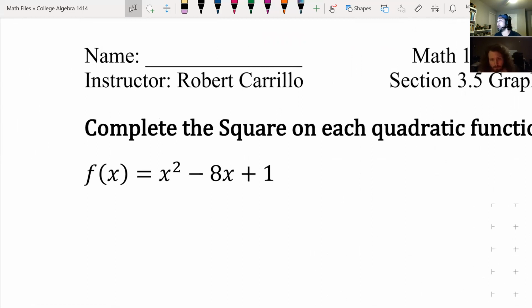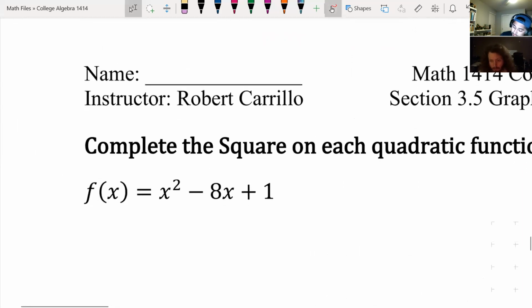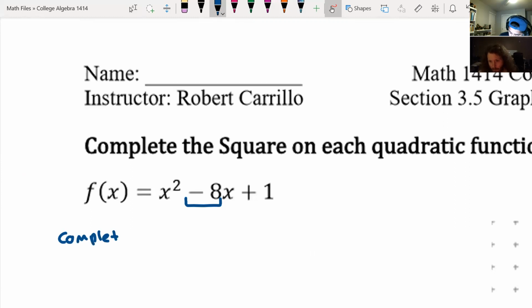Okay. So remember, if we're going to complete the square, and we'll keep this simple, right? To complete the square, we need to take half of the middle term's coefficient. So here I'll say complete the square.